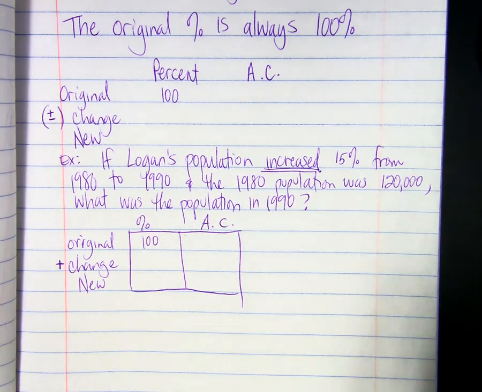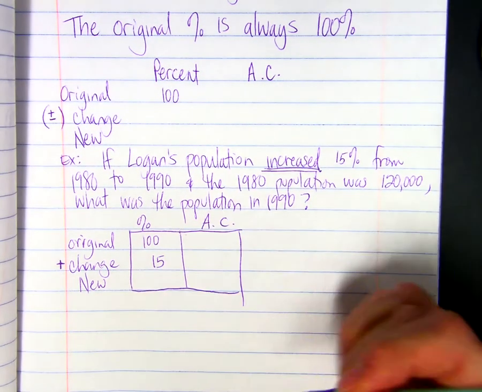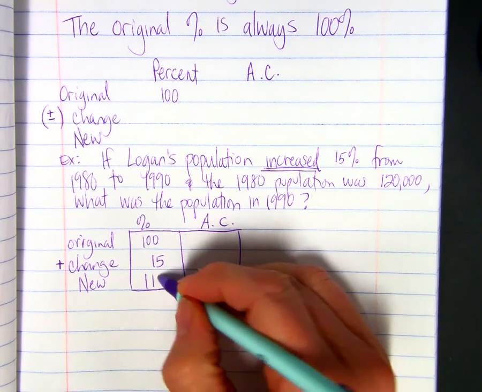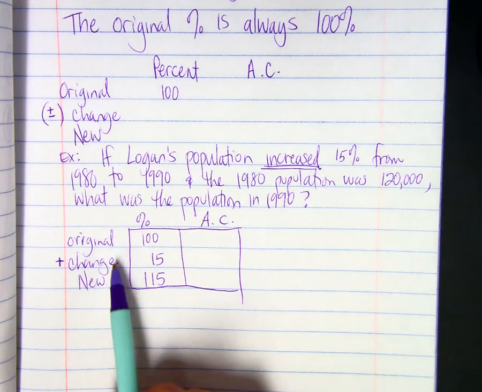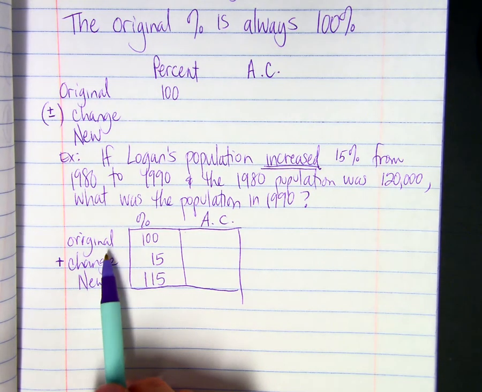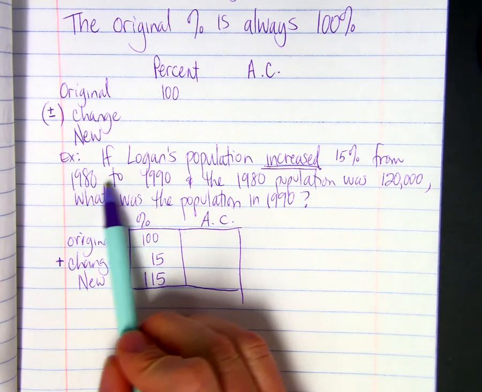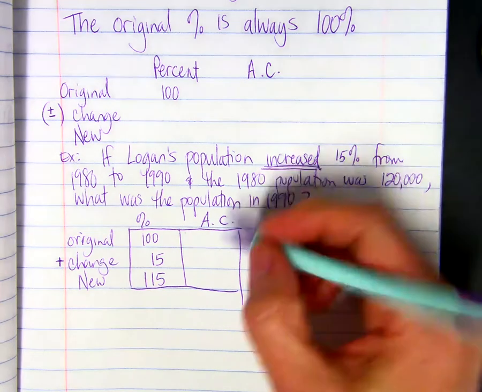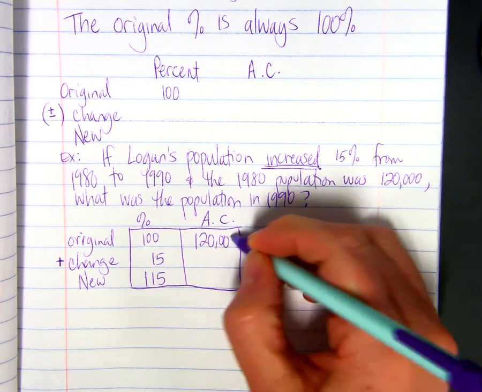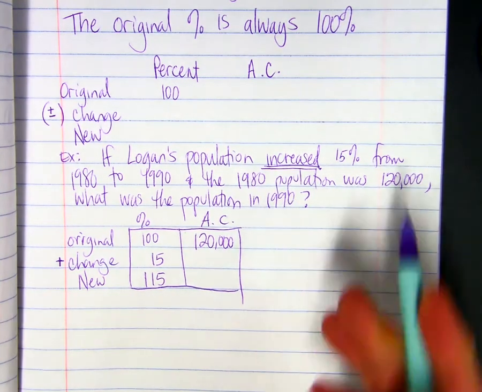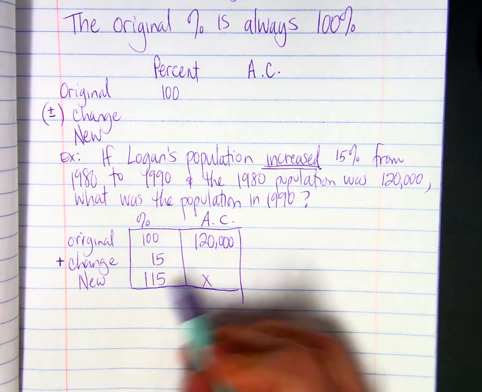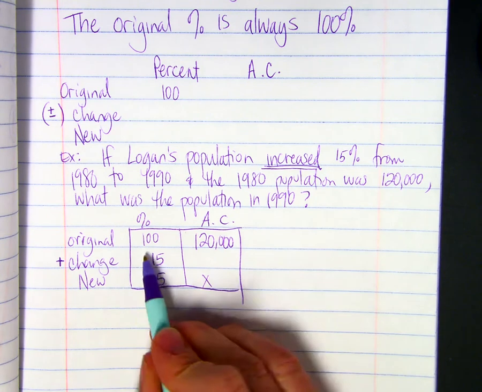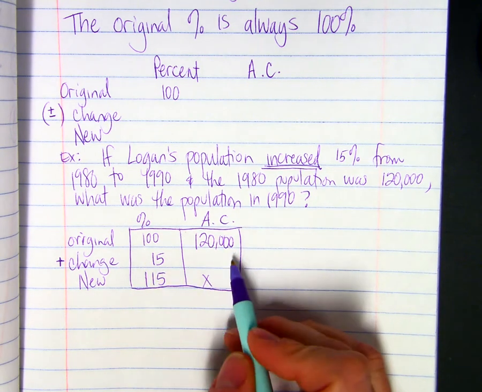It is increasing by 15, so we're going to add. So we have 115% will be the new. The original population would be what was in the first year, 1980. So it's 120,000. And we want to know what's the new population in 1990. So then we can write our proportion. We don't have to use this middle box at all.